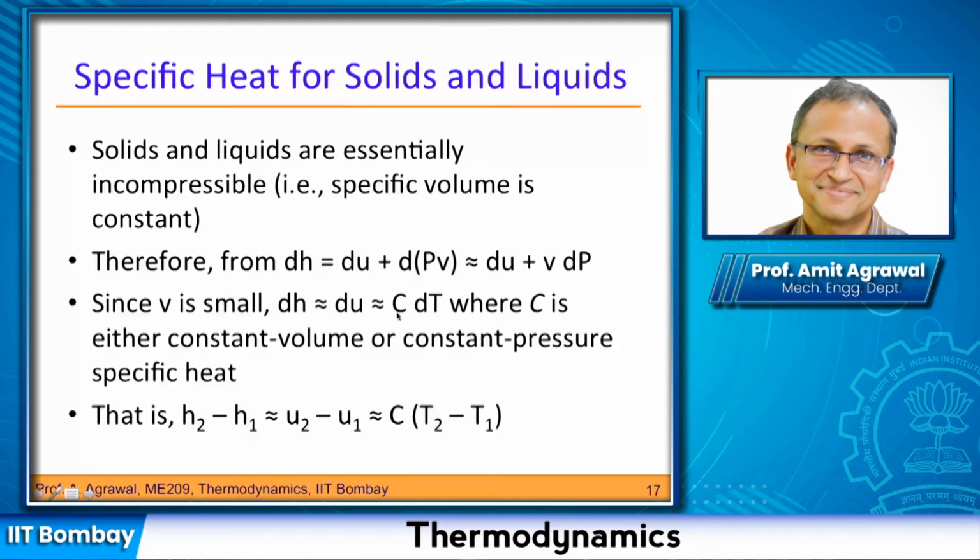That's what we had seen for gases, but because here dH is essentially equal to dU, that means Cp and Cv are essentially the same. So that's the point that has been given here, and we no longer need a subscript. We are just calling it C, and you can think of it as either a constant volume or a constant pressure specific heat, it does not matter, because both are the same for solids and liquids.